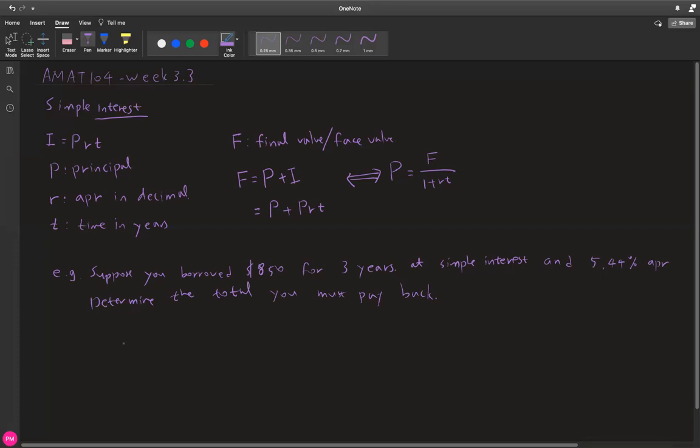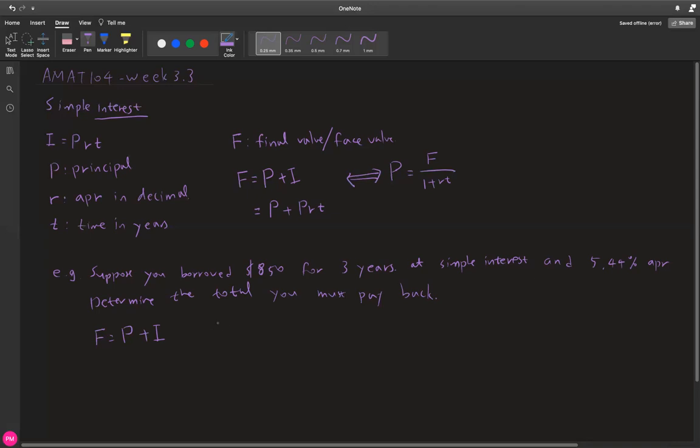So in this case, it's really simple. You would have to find the final value, which is simply the principal plus the interest, because you initially owe the principal and you also owe the new interest on top of it. So let's put down what we know.